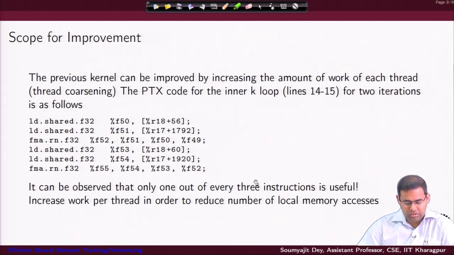So, only one out of every 3 instructions is useful for computation, but the other 2 are for memory accesses to the shared memory, right. If I assume that I have a significant number of fused multiply add units, they are not really getting used, right. The fundamental reason is that I have lesser occupancy because I am not making good use of the number of threads I have launched.